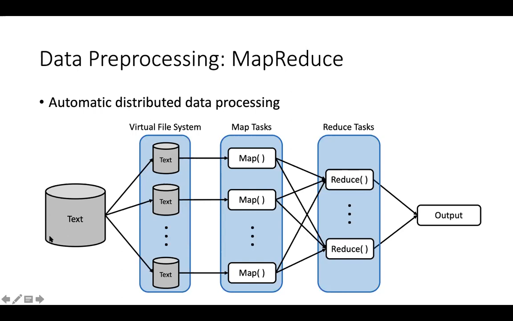So again, you upload the text into the virtual file system, and you don't need to care about which text piece is stored in which workstation or which node. It is handled automatically. So the load is balanced automatically. And then of course there are replication factors in order to maintain high throughput.